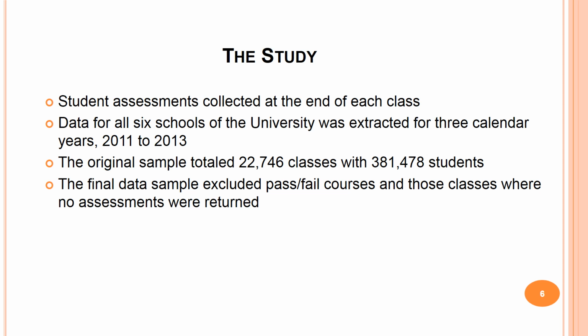The original sample contained data for almost 23,000 classes and 382,000 students. Data from pass-fail classes were eliminated from the study as they did not have an ordinary ABC grade. Some classes had no assessment forms returned for one reason or another, and those classes were eliminated from the study.